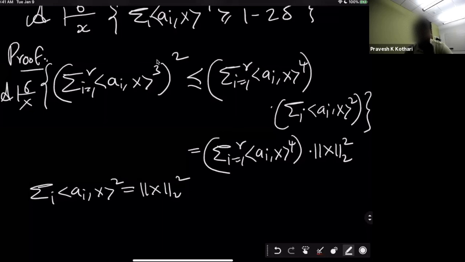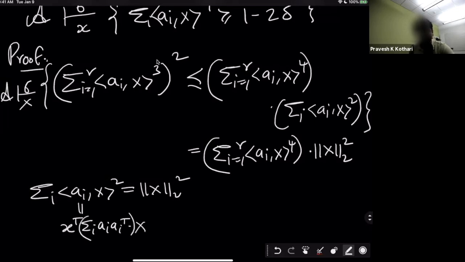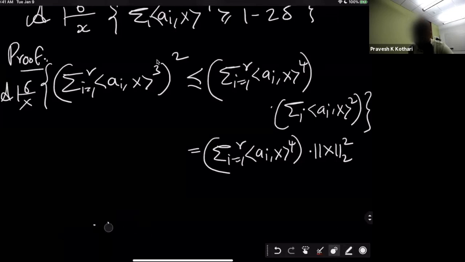A different way that you might find easier to digest is to look at the left hand side as x transpose sum of a_i transposed a_i x, and then note that sum of a_i transposed a_i is identity. So this is x transpose identity x, which equals the norm of x squared. And this is an equality of these two left and right hand sides as polynomials. So it's simply a polynomial identity that I used.